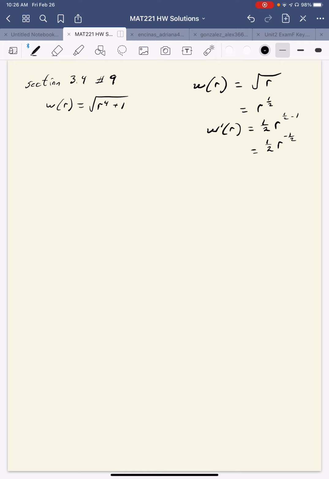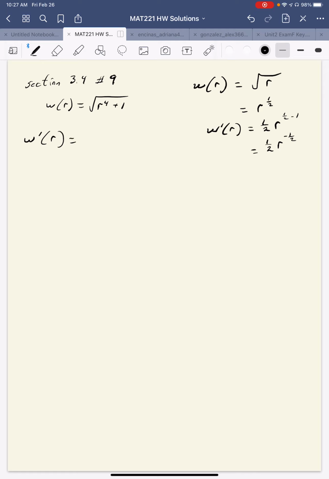Okay, so that's what we would do if the function was the square root of just a variable. But that's not the case. What we have is the function is defined as the square root of another function. So we start off by treating it just the same as if we were taking the square root of the variable.